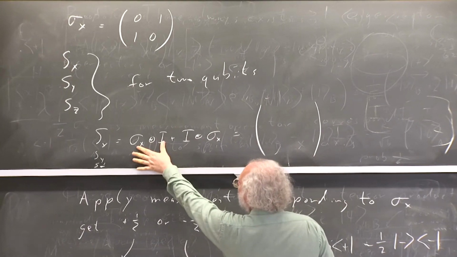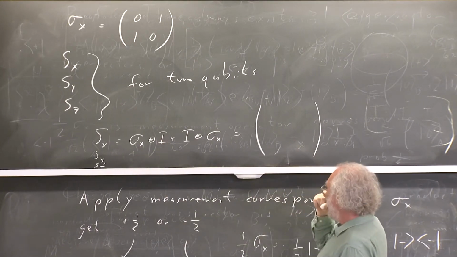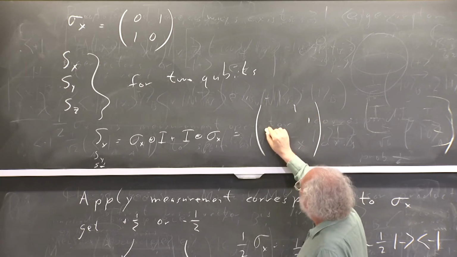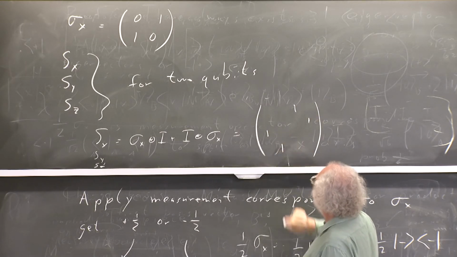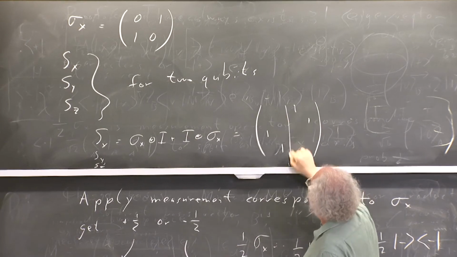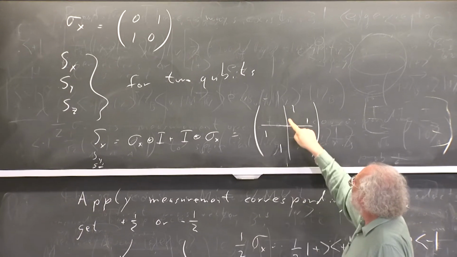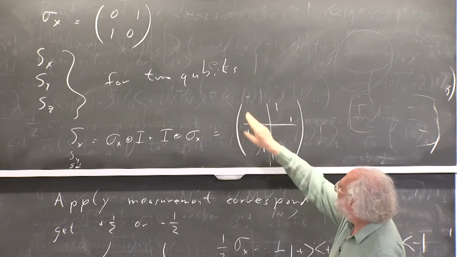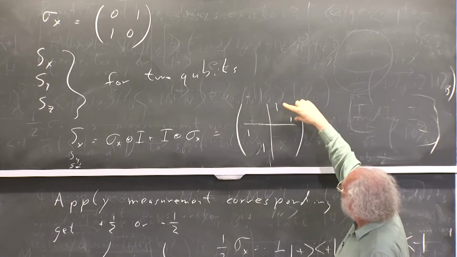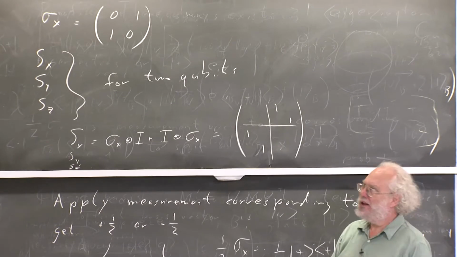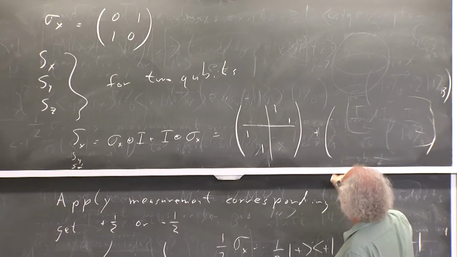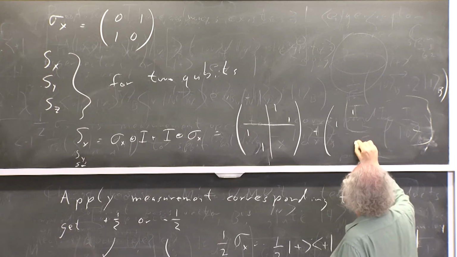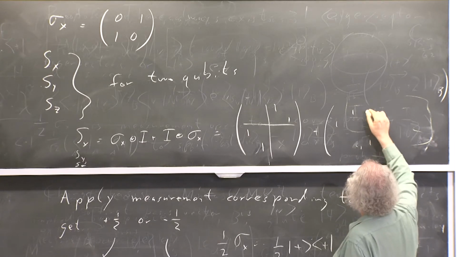So sigma x tensor I is 1, 1, 1, 1, because you take sigma x, which is just 0, 1, 1, 0, and you tensor it with I, which is identity here and identity here, plus 1, 1, 1, 1.